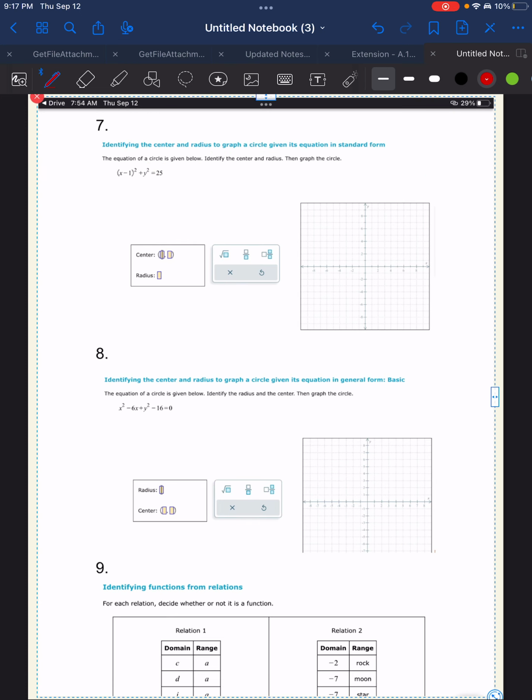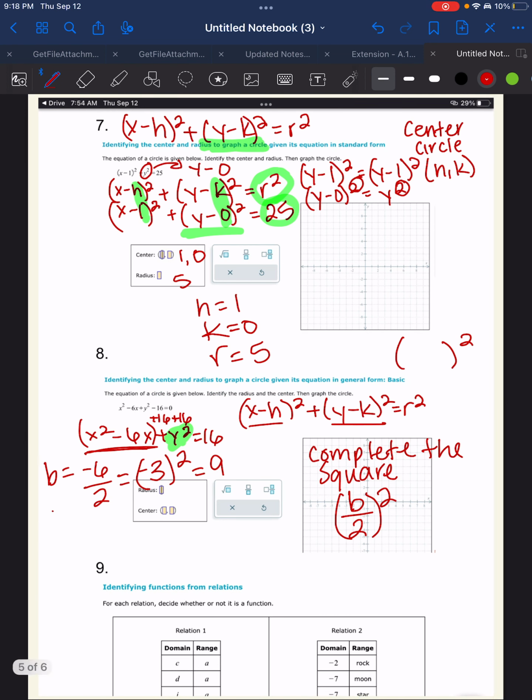So, x squared minus 6x plus 9 plus y squared, because it's still there, equals 16 plus 9. Well, what's 16 plus 9? 25. So I'll just simplify that down to 25.